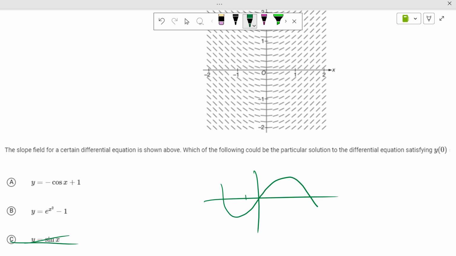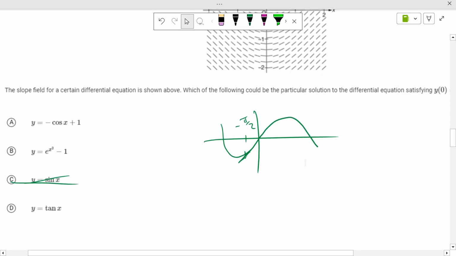So at negative pi over 2, it's down here where it has a positive slope, and see how this one has a negative slope there. Okay? So we know sine is out.